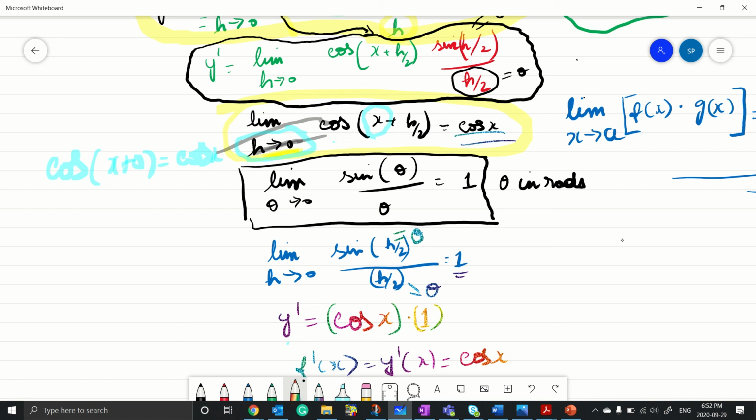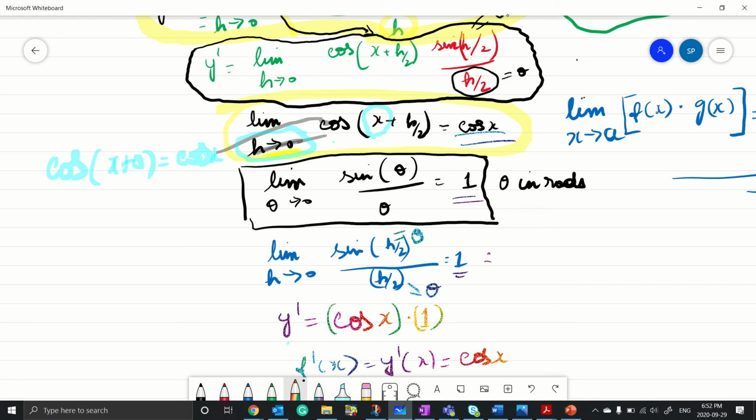For the second function, we have the limit theta tends to 0, sine theta by theta is 1 radian, and that is the limit I have applied here: limit h tends to 0, sine h by 2 by h by 2 is equal to 1.